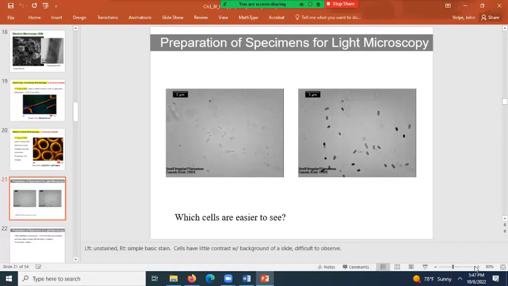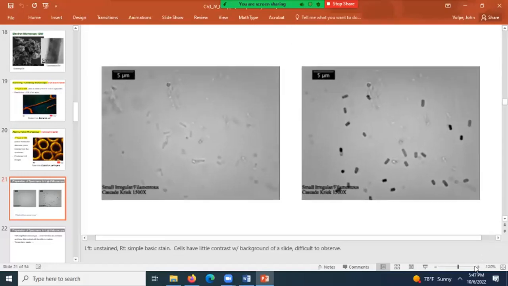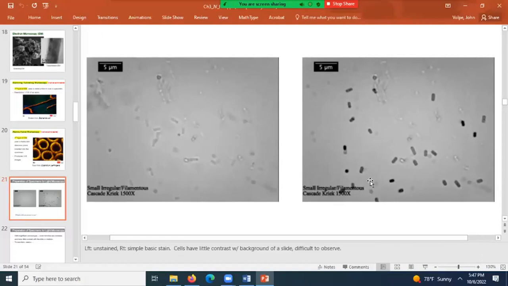So staining doesn't improve the magnification. It doesn't really improve your resolution, that you still have a limit on how far apart you can see things. It's just that we're seeing them better when they're stained. And you do get better resolution when they're stained because the contrast has increased.